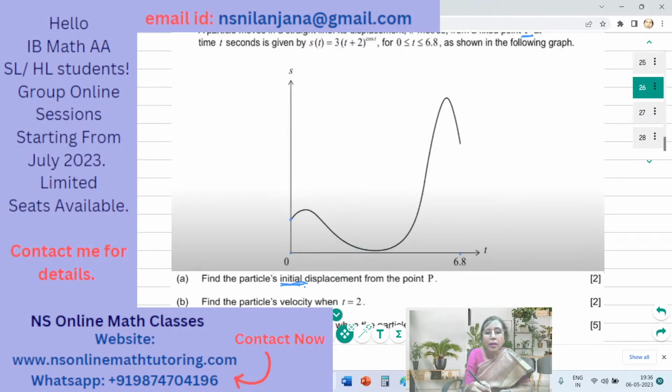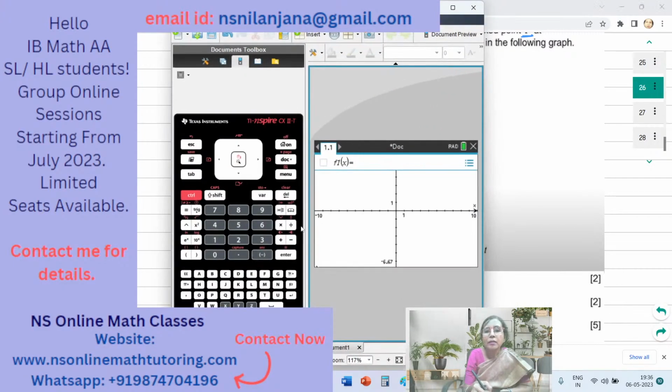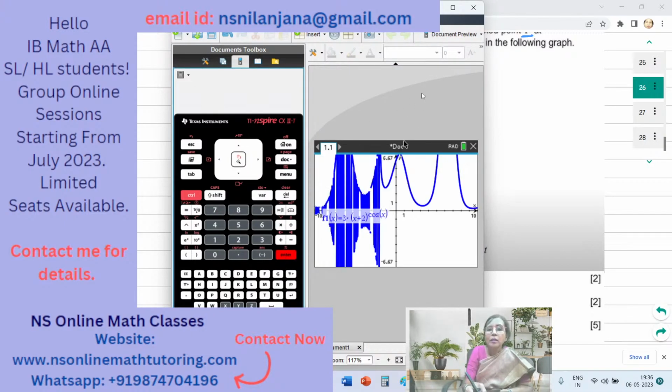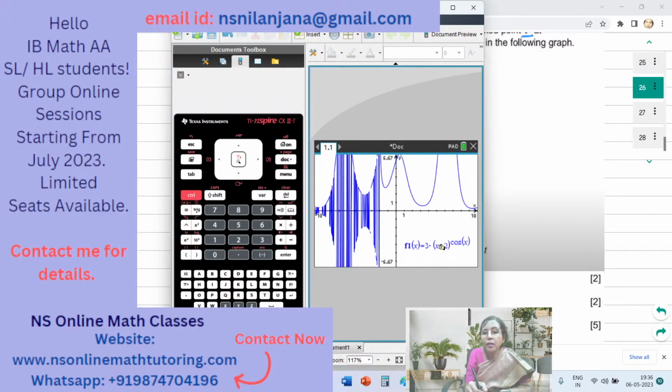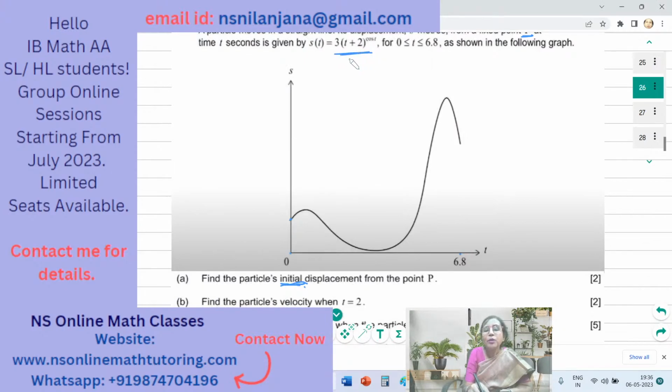So it is 3 times (x plus 2) to the power of cos x. Enter. 3 times (x plus 2) to the power of cos x. Let me just check it once more. Yes, 3 times (x plus 2) raised to the power of cos x.